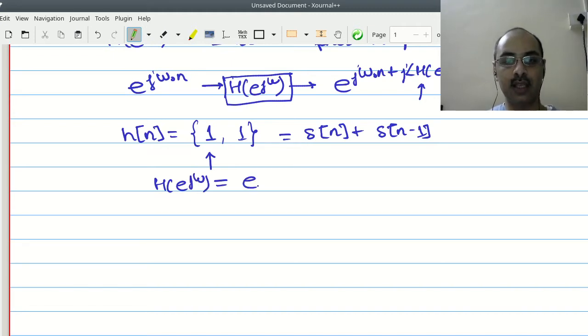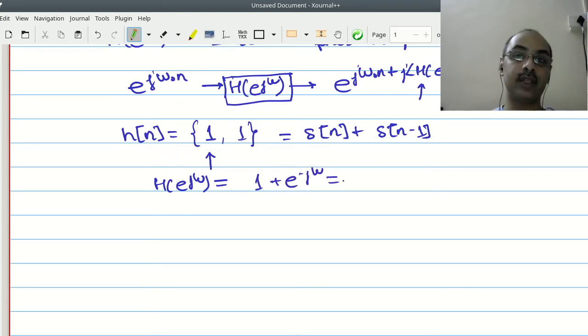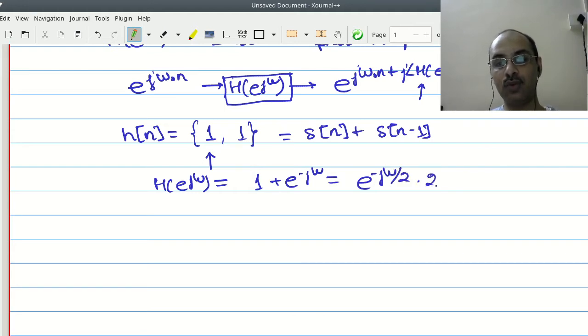It is going to be 1 plus e^{-jω}, which, if you recall from the simplification we did in the last few examples, you can write as e^{-jω/2} multiplied by 2 cos(ω/2).